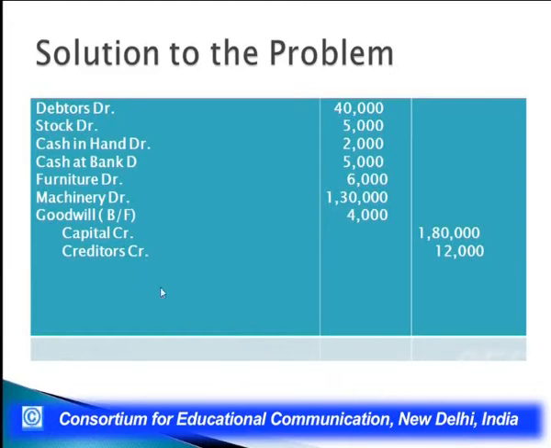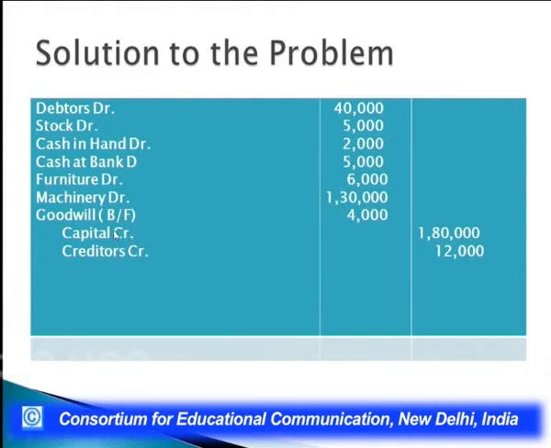And then look at the cursor I am indicating, goodwill. Leave it for a while. We will come back to this value after a minute. This is not given in the question, by the way, right? So I have debited all the items given from debtors to machinery up to 1,30,000.